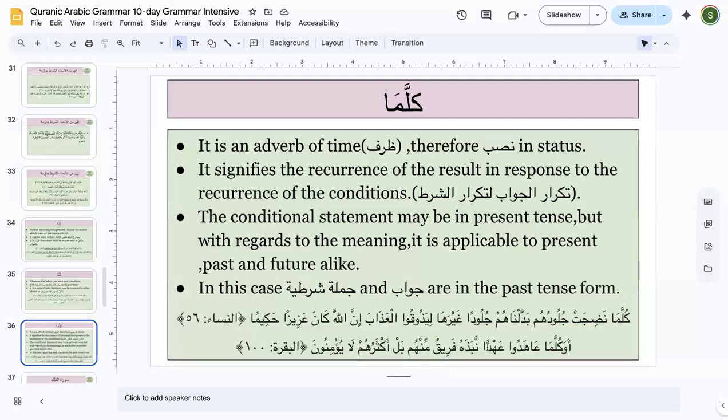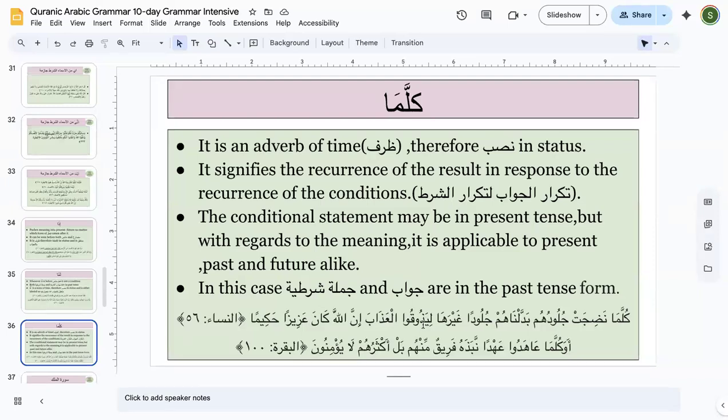Kullama ahadu ahdan, whenever they promise, nabadhahu fariqum minhum, a group from them always throw it, always don't fulfill it. So every time they do it. Kullama nadijat juluduhum, whenever their skins are burned, baddalnahum juludan ghayraha, we change them with skin other than it. So in here, can you see how this is going to happen?